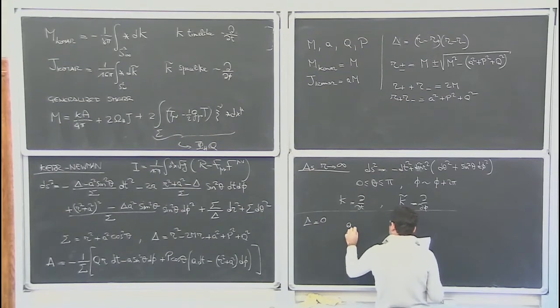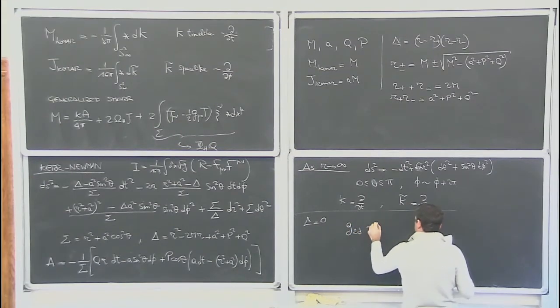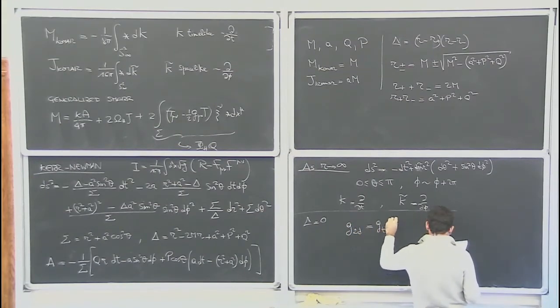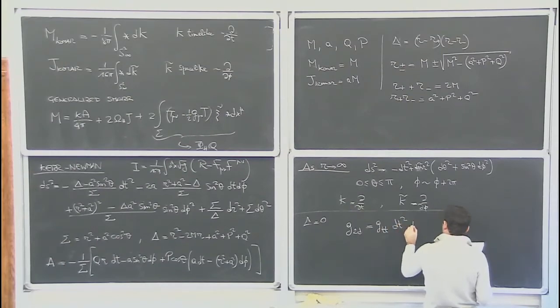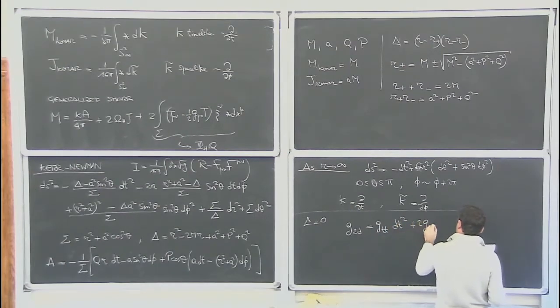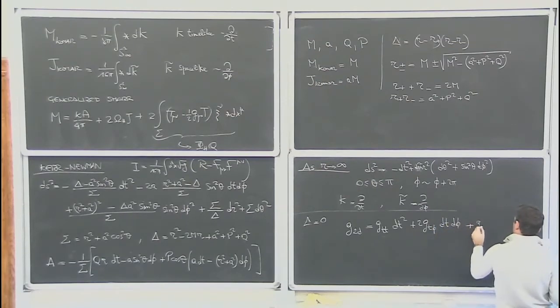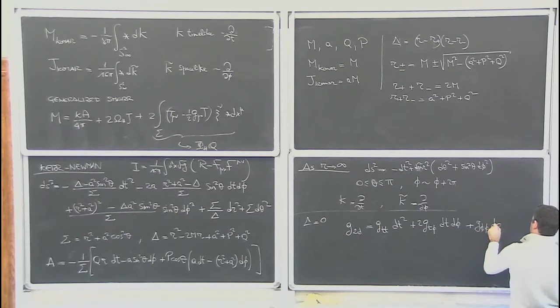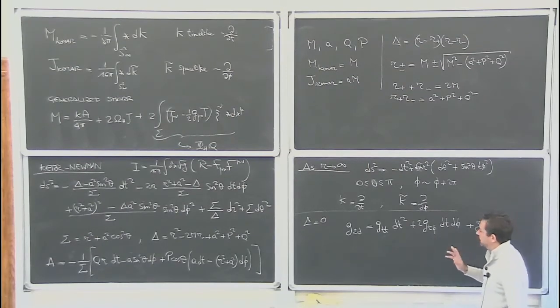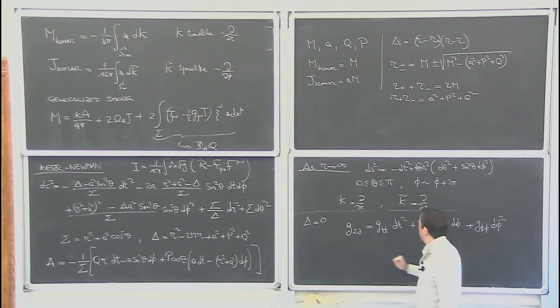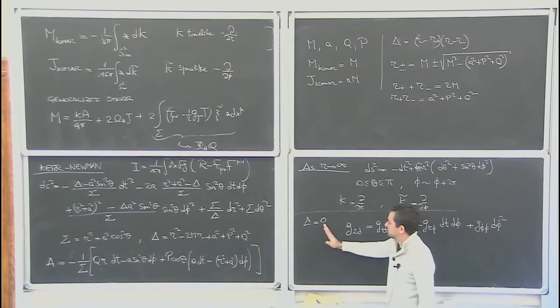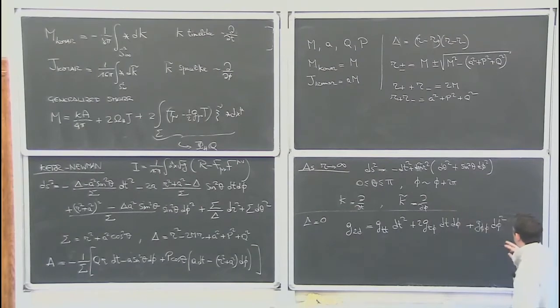So let's take g 2d. I decide that I'm at delta equals 0 or close to that, and so I can fix r. I can fix the theta coordinate, and then I look at what remains. This is what remains.